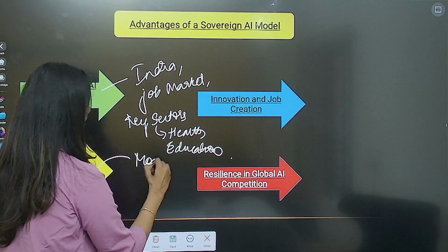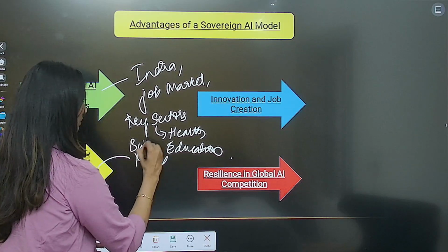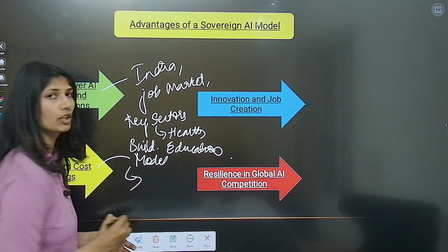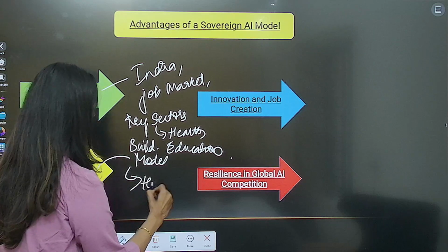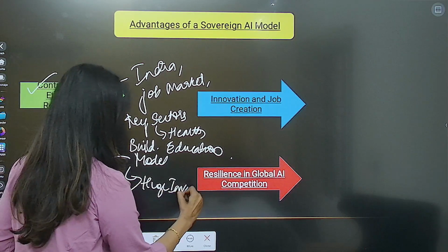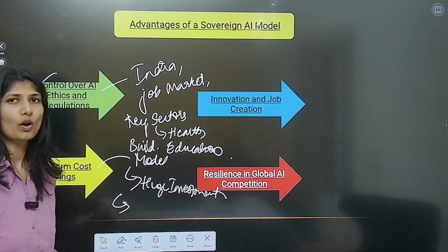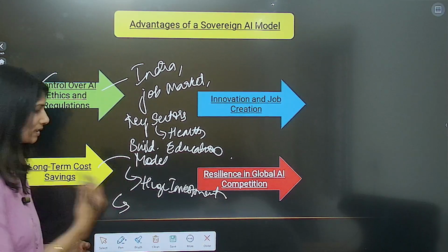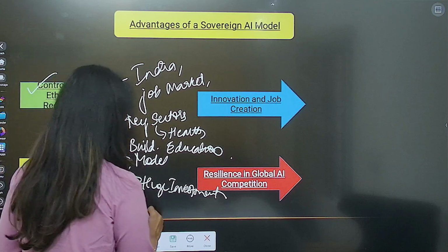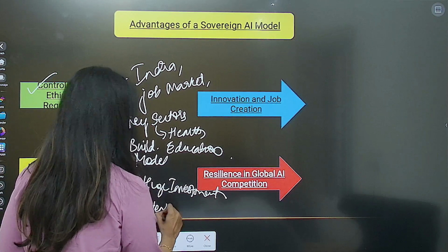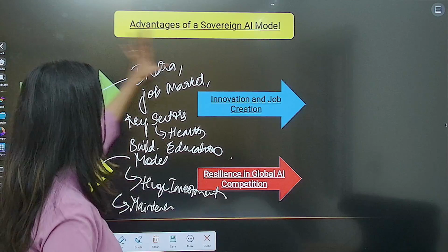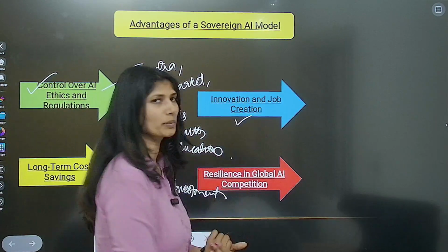Yes, to build a model, we might have to put in huge investment, but this is less compared to what we have to pay them in maintenance. And this would lead to innovation and job creation.